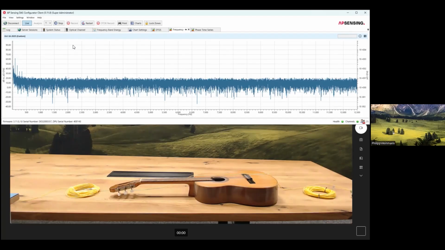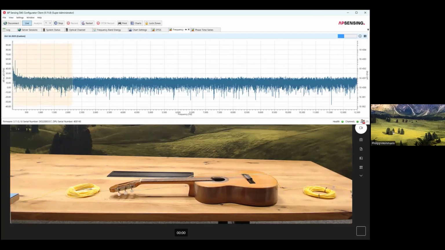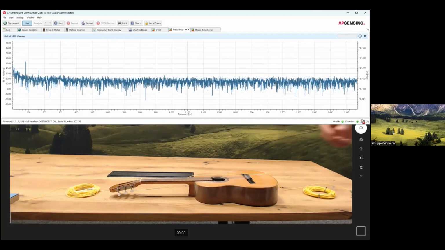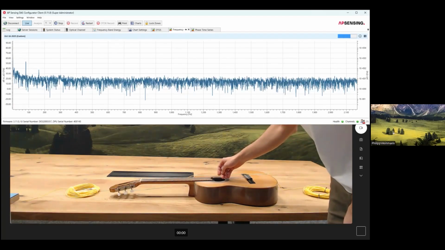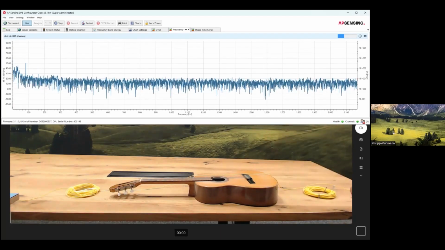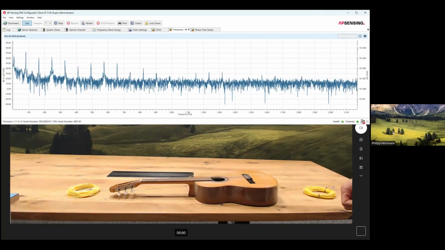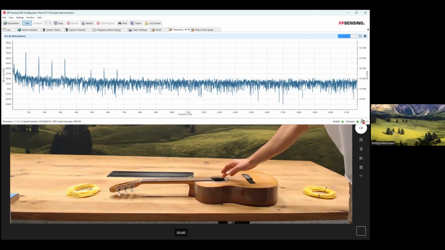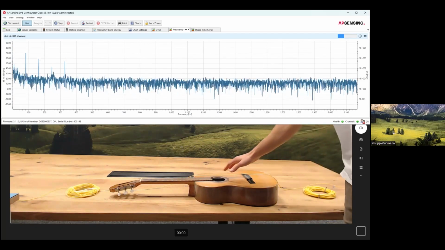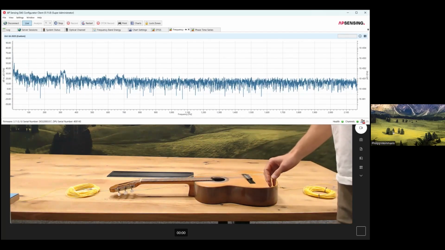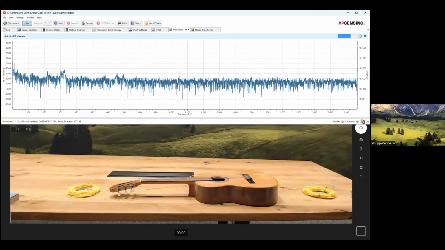So that's why the FFT shows also higher frequencies. But if I zoom into the lower frequency range, where the acoustics is happening, then you see all the higher harmonics from the guitar. And the moment I stop the string, all these higher harmonics are gone.